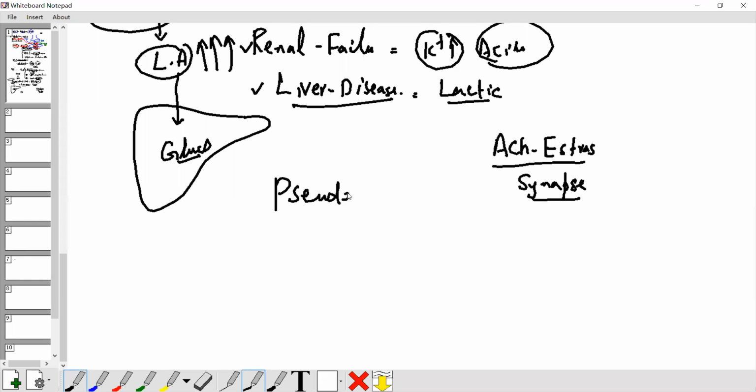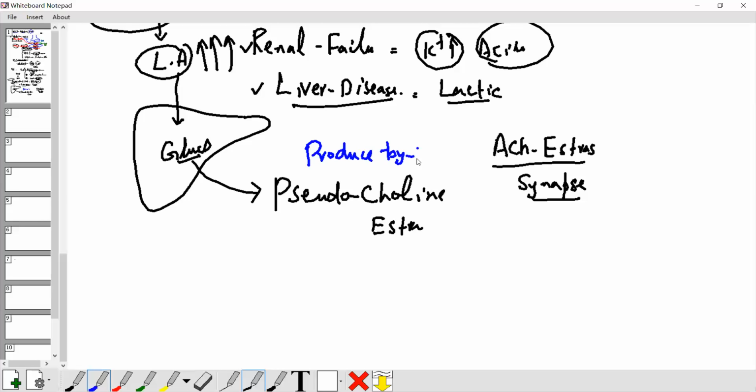Which enzyme? Pseudocholine esterase. Pseudocholine esterase comes from the liver. It is produced by the liver.